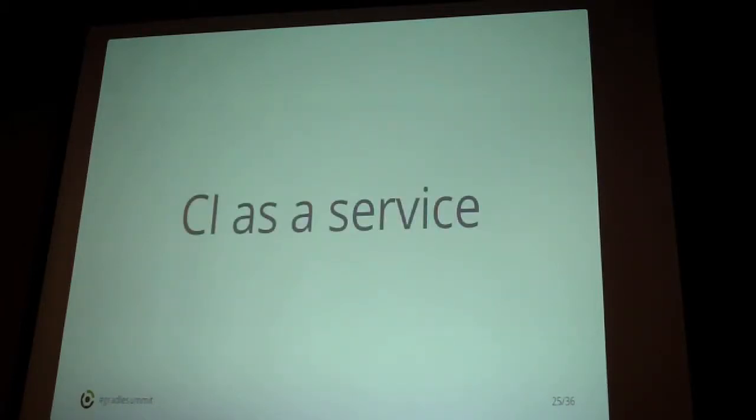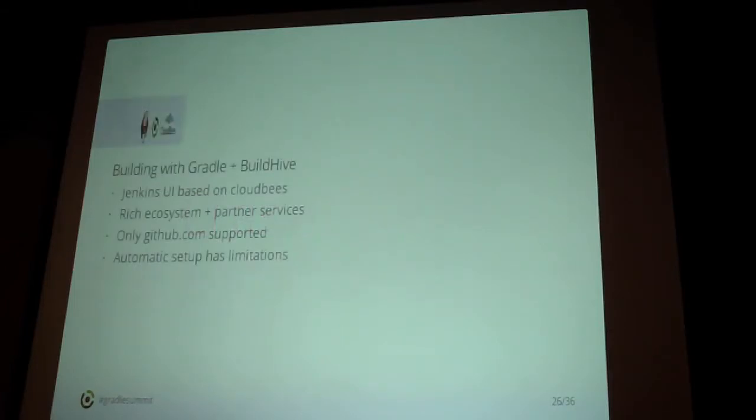Let's talk a little bit about CI as a service. There are some services out there which offer you to host your build or your CI infrastructure in their environment. One player in the field is, for example, BuildHive. BuildHive is built on top of the whole CloudBees cloud solution suite.